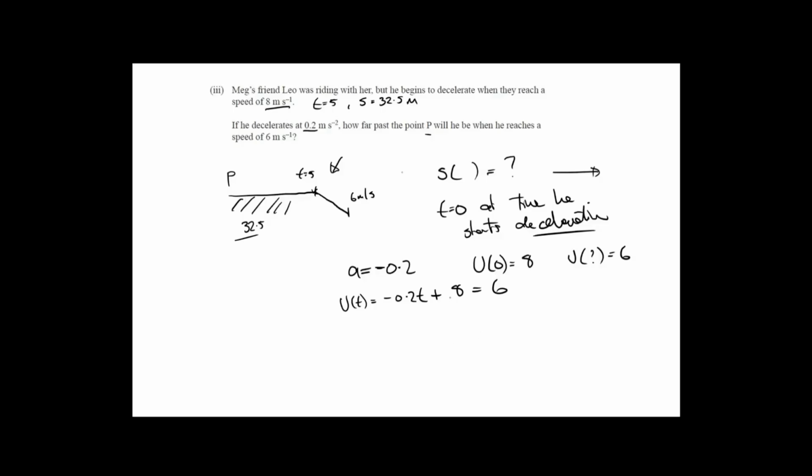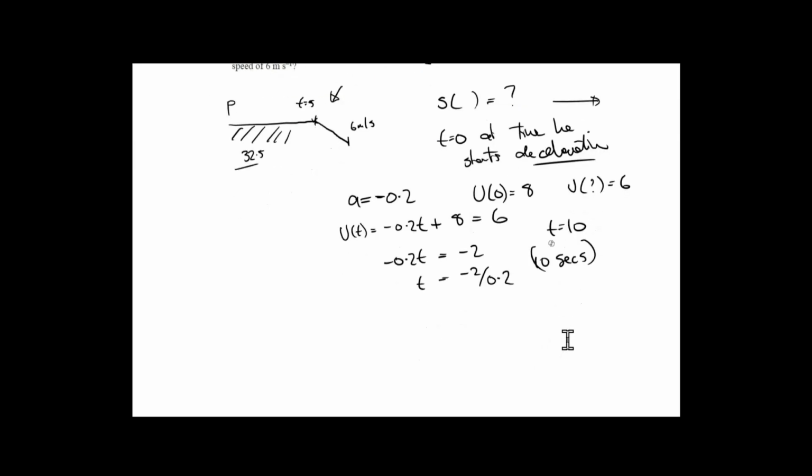So 0.2t is going to be equal to 2, which means that t is going to be equal to negative 2 divided by negative 0.2, which is 10 seconds. So t equals 10 seconds after he starts decelerating, he hits that point of 6 meters per second.